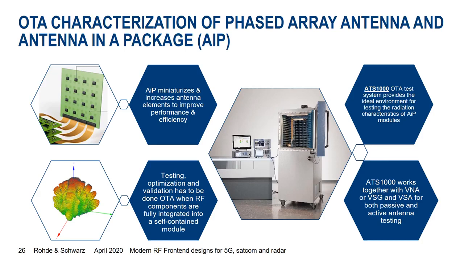These systems enable, on one side, characterization of the antenna capabilities, so basically giving you antenna structures where you see the beamforming and what they can do, but also allow performance measurements like EVM in an over-the-air environment.